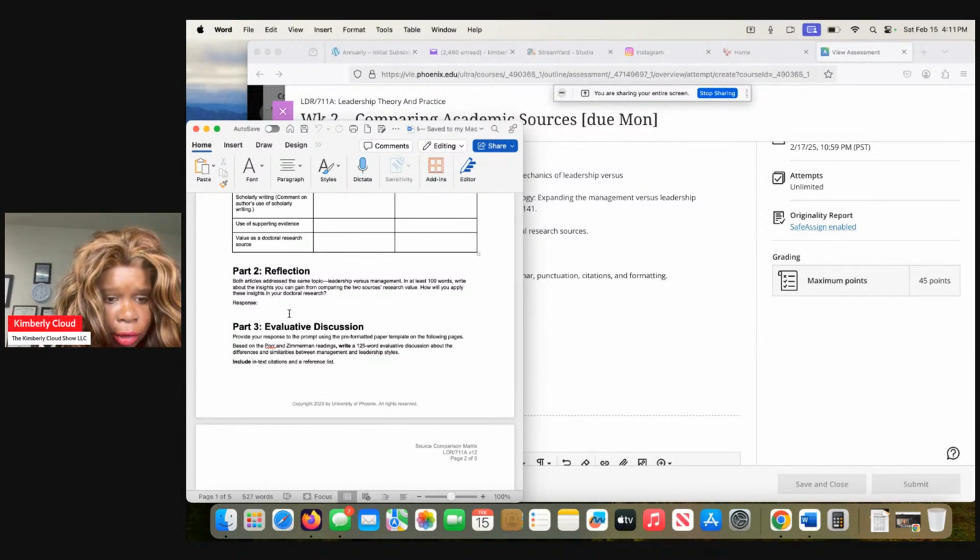Write a 125-word evaluative discussion about the differences and similarities of management and leadership styles. Include in-text citations and reference lists.